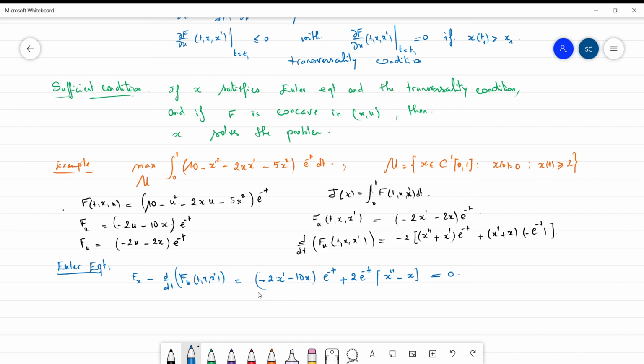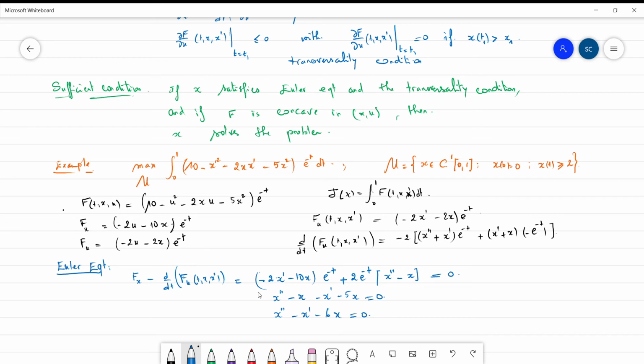So the equation is reduced to, we can simplify by 2 and e^(-t), so we will get x double prime minus x prime, and here minus 5x equals 0. So finally I have an equation of the type x'' - x' - 6x = 0.